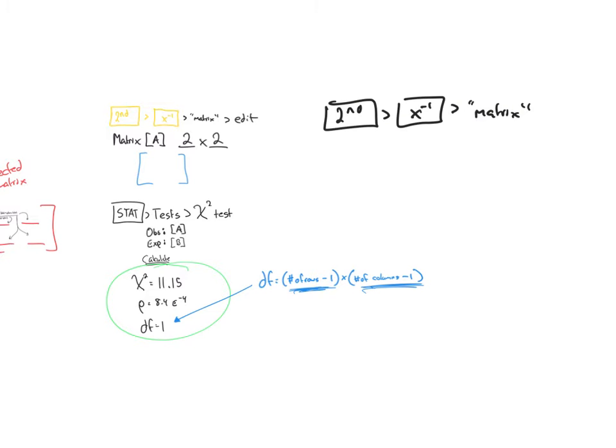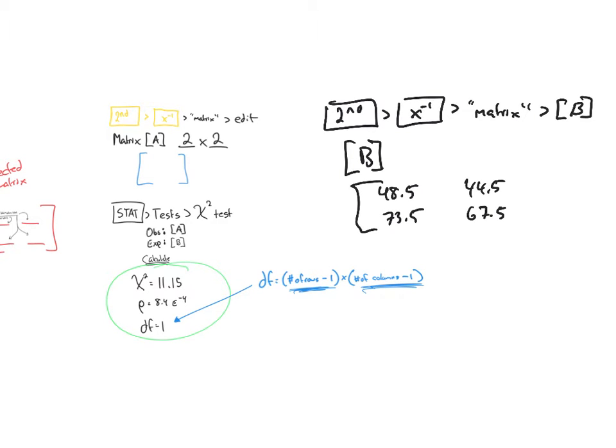And instead of going over to matrix, just scroll right on down to matrix B, hit enter, and then this is what will show up on the screen. It'll say matrix B, hit enter. And it will produce for you the expected matrix, right? So it says 48.5, 73.5, 44.5, and 67.5. So that is the expected matrix.